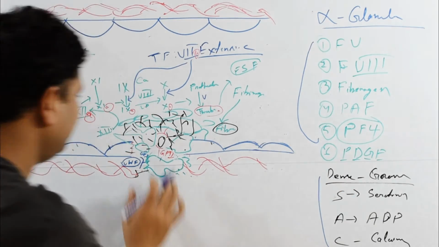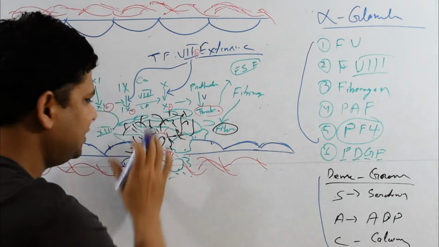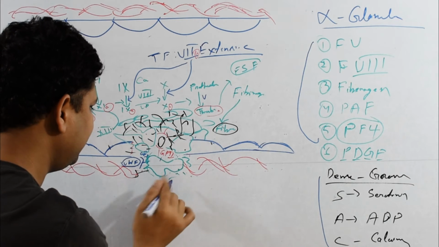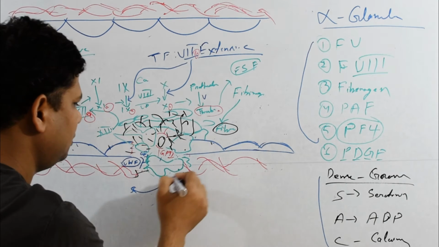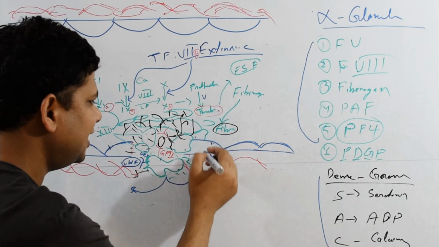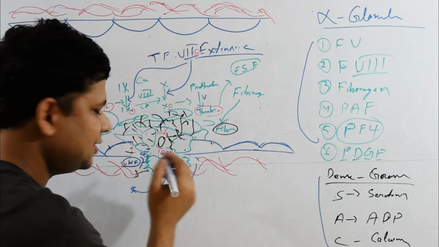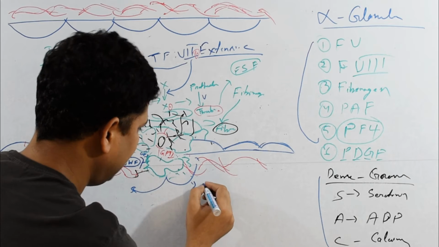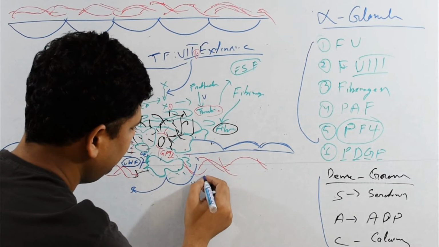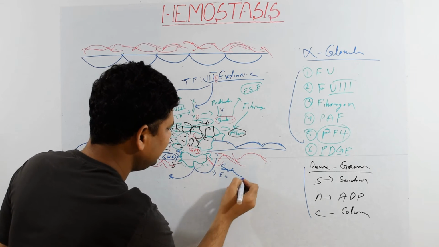These platelet derived growth factors which are released from activated platelets help in growth of both endothelial cells and also the extracellular matrix, by the growth of the sub-endothelial cells.